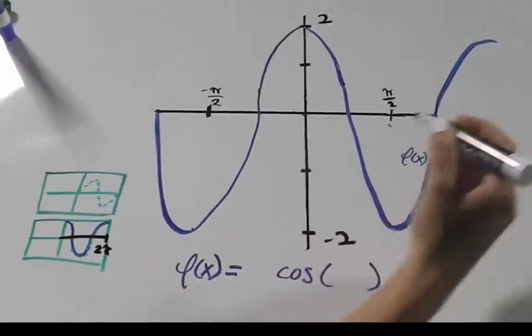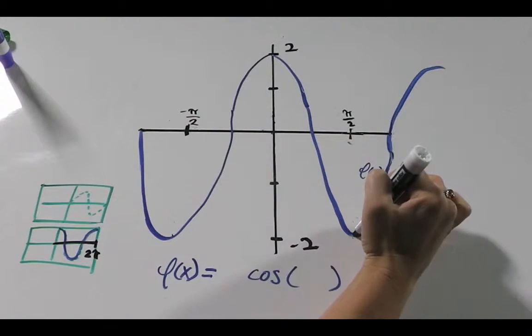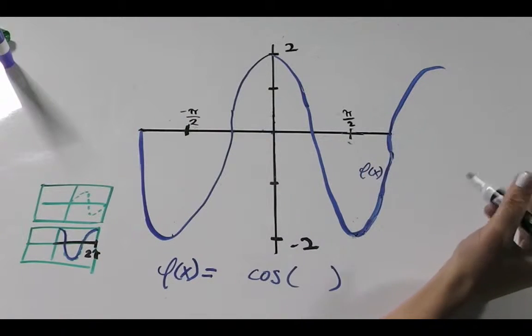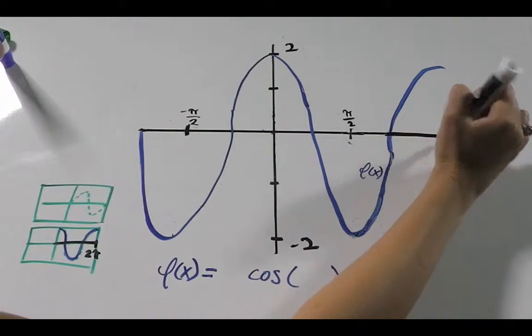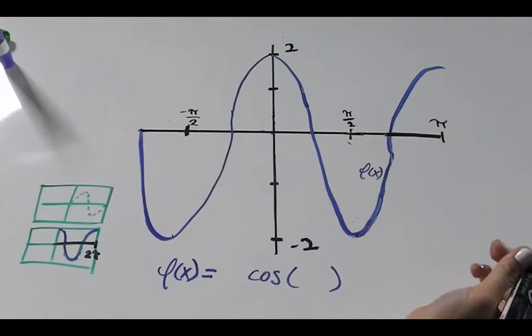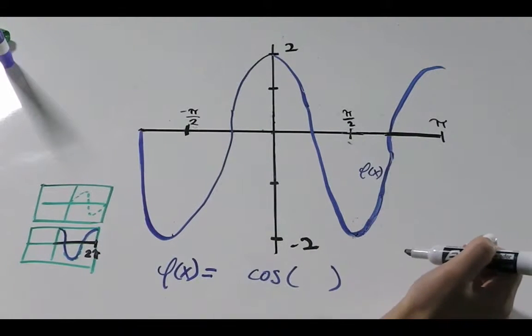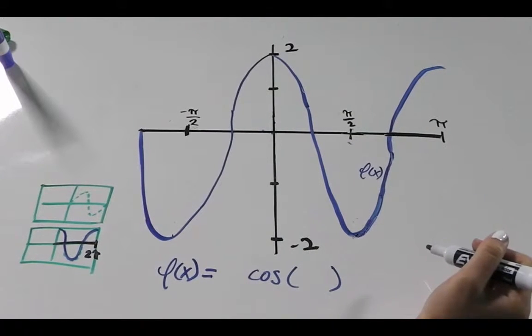In our case, notice that the halfway point is pi over 2, because the halfway point of a period is the lowest point on the graph. So if we were to complete one period, it would take us to pi instead of 2 pi. That means that the period of our graph is half the period of a regular cosine graph, or a generic cosine graph.